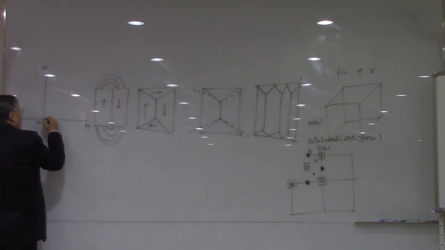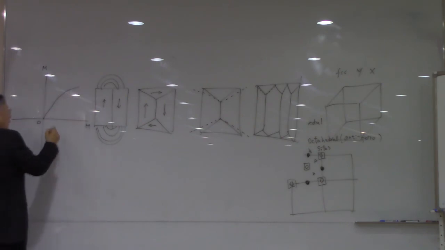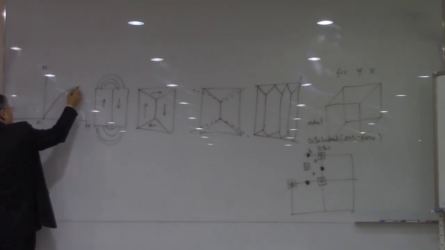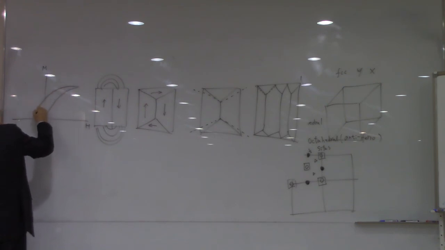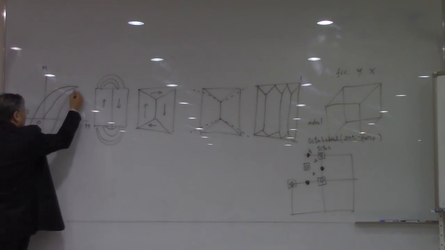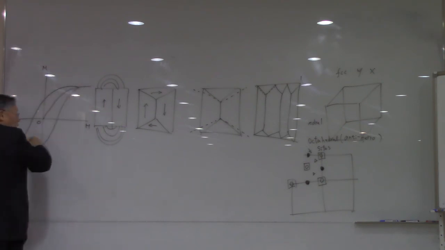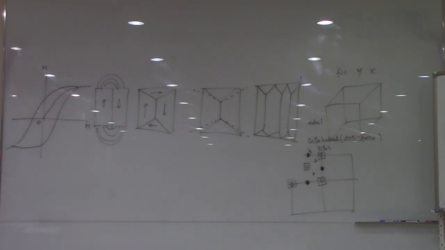And then it is going to be magnetized something like this. When it demagnetizes, it shows something like this. Then it is magnetized again, goes to this end and this end, and it's going to be repeated in this cycle. We call this a hysteresis.